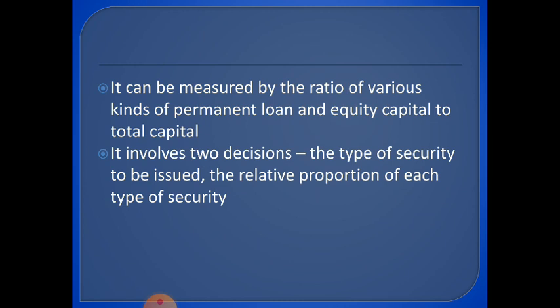The third one is equity shares and preference shares. The last one is equity shares, preference shares and debentures. These four patterns are used while adopting financial structure or capital structure decisions.